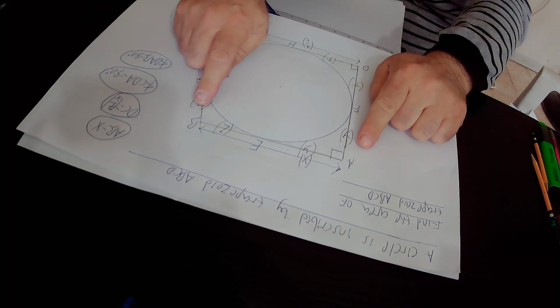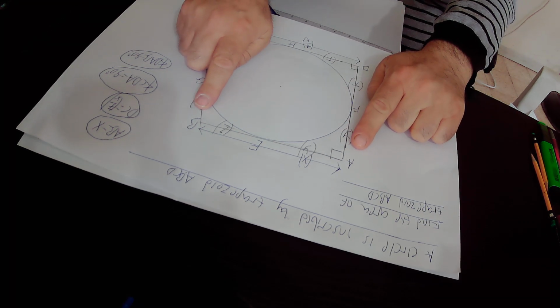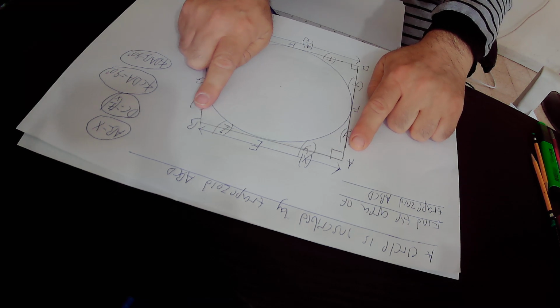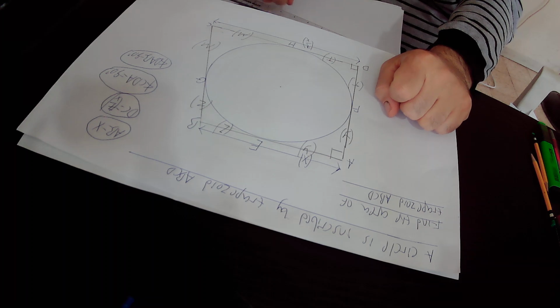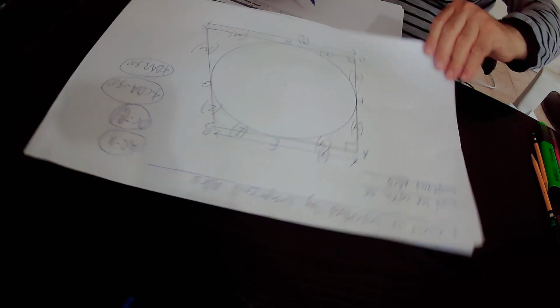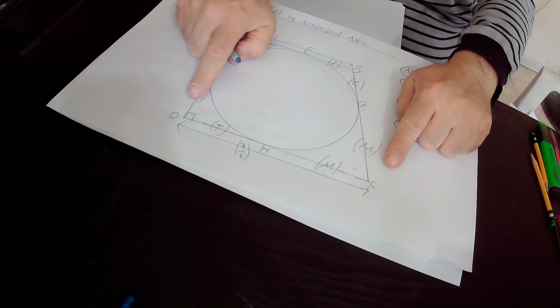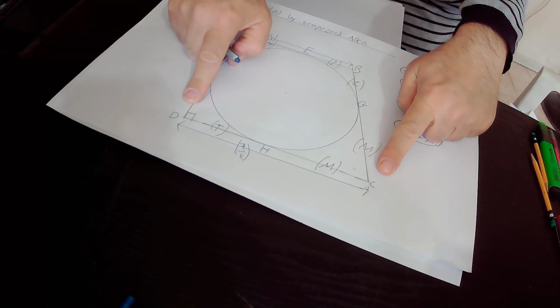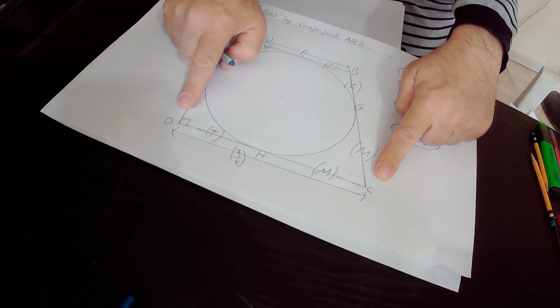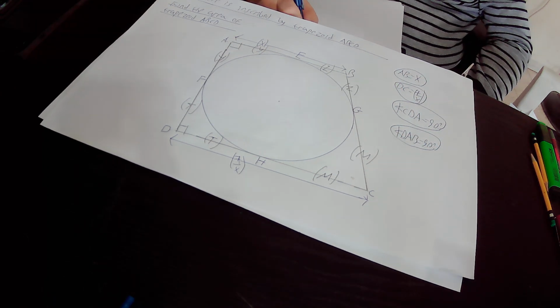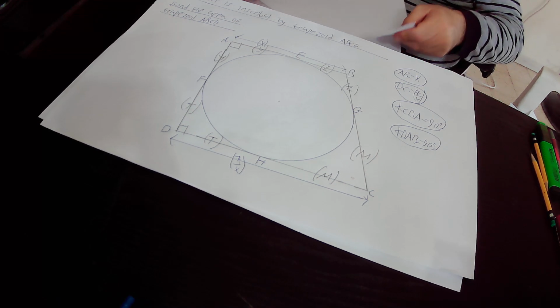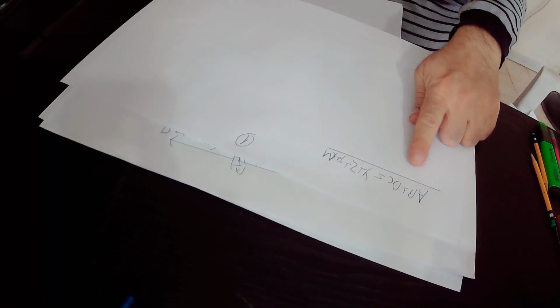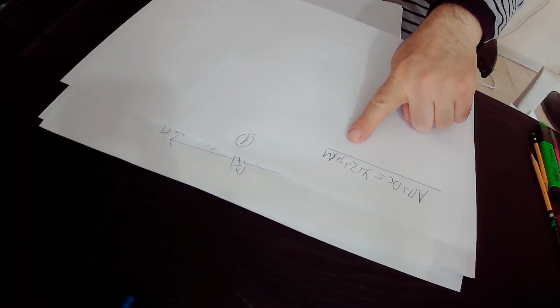From the drawing, it is very easy to see that AB, according to rule 2, equals Y plus Z, and DC equals T plus M. So in total, AB plus DC equals Y plus Z plus T plus M.